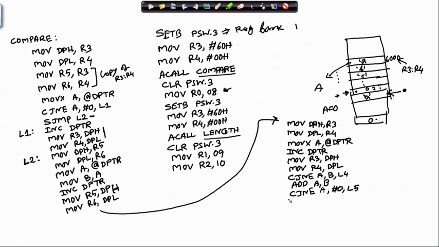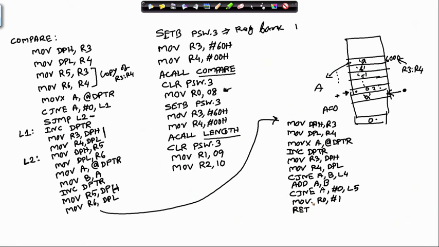And then MOV. So, if they are equal, then I will come to this point, MOV R0, #1, and return from there.